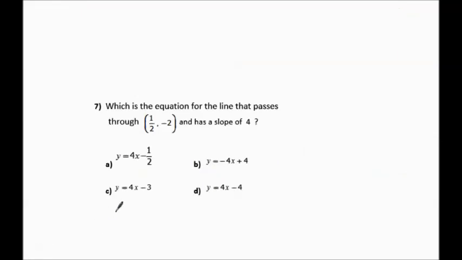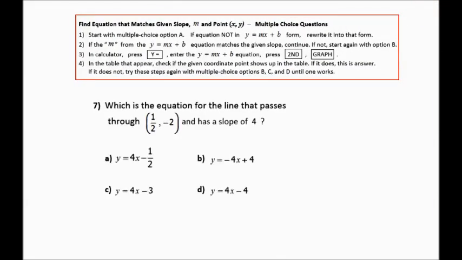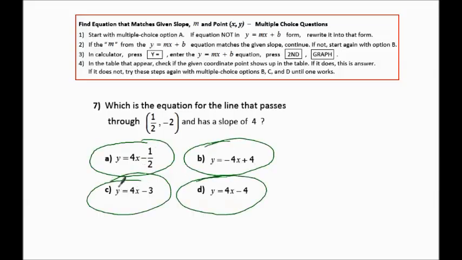The next problem asks for the equation of the line that passes through this given point and has a slope of 4. The procedure is going to be very similar. You're going to be entering each one of these options into the y equals part of your calculator, go to the table, and check to see if this point is showing up.